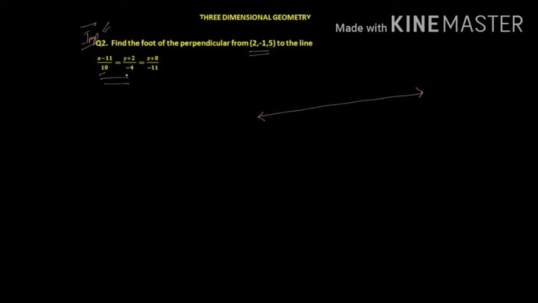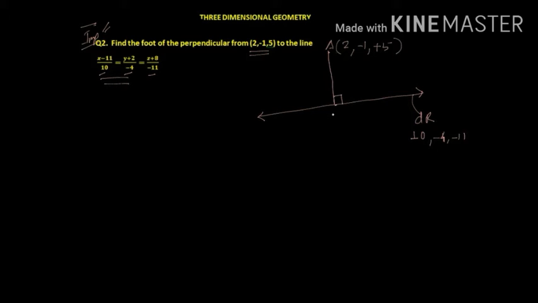Now we can easily identify that 10, minus 4 and minus 11 are the direction ratios, right? Direction ratios of this particular line. I think you can remember easily. Now this is the point 2, minus 1, 5, from which if you draw a perpendicular to this line, then it will meet the line at some point.